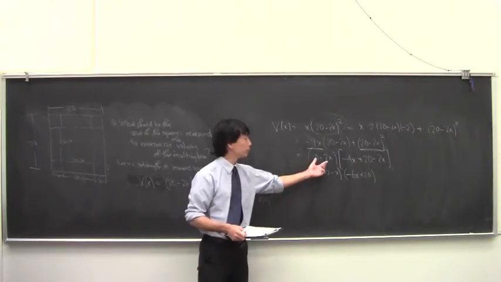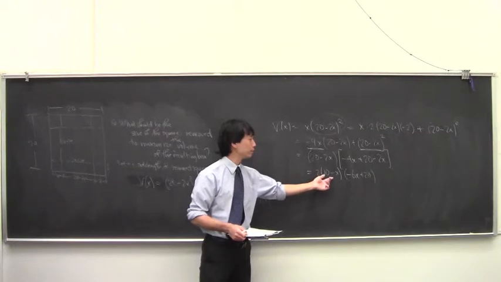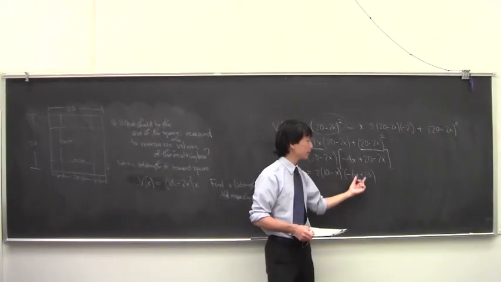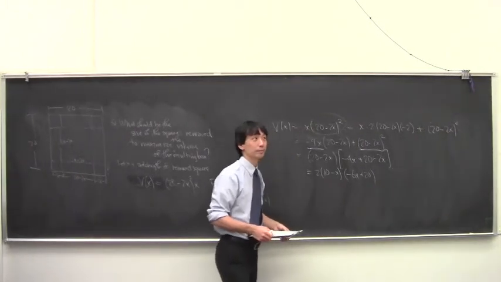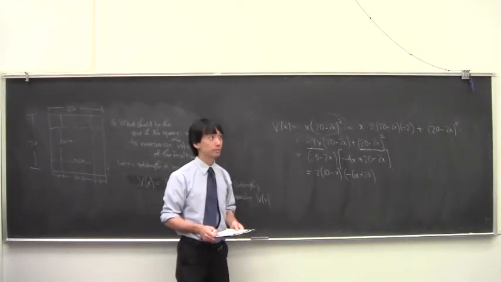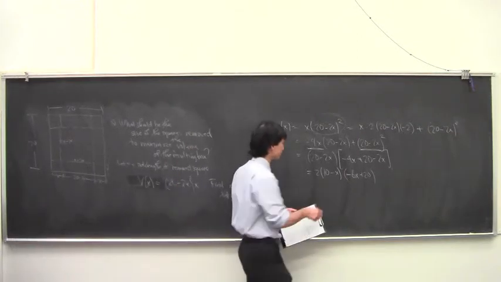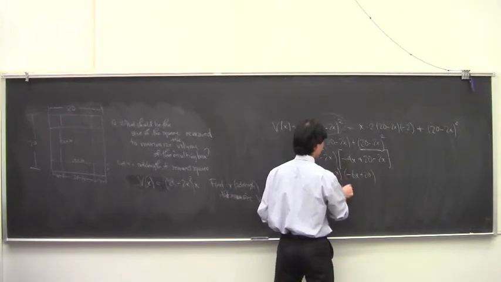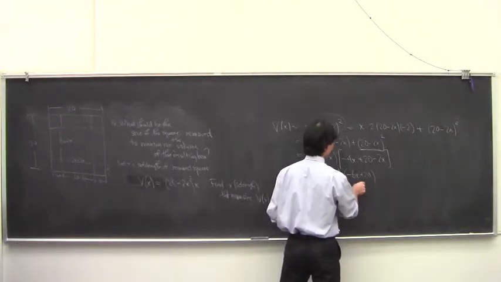The 20 minus 2x, I'm going to factor 2 out, becomes 10 minus x. Here I have 20 minus 6x. You could factor 2 out of that as well. You could, yeah. 4 times 10 minus 2x, 10 minus x, negative 3x plus 10.